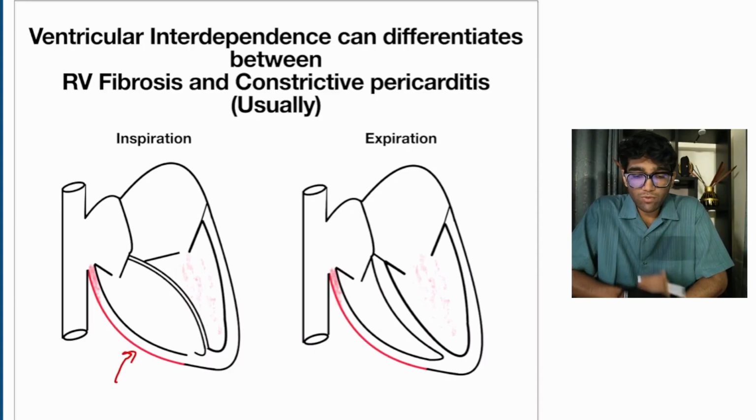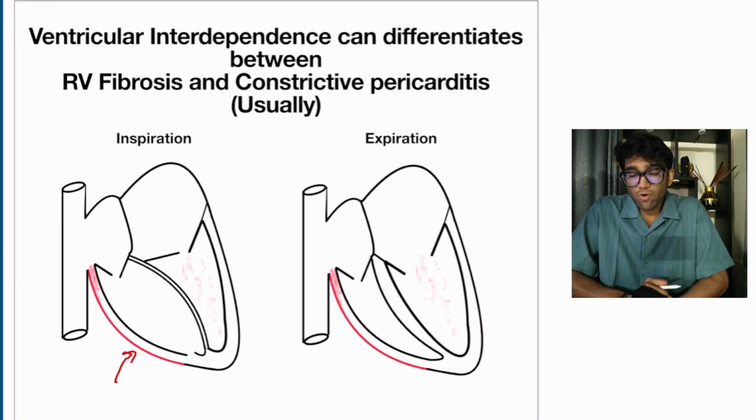Because the free wall is fibrosed, this blood has to go somewhere. So where does it go? It goes into the right ventricle and causes the septum to be pushed into the left ventricle. The septum is going a bit towards the left ventricle. This is during inspiration. During expiration, the reverse happens. During expiration, there is a positive pressure within the chest.